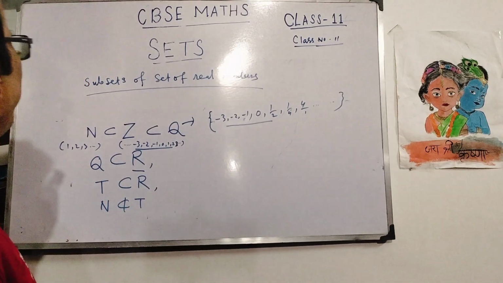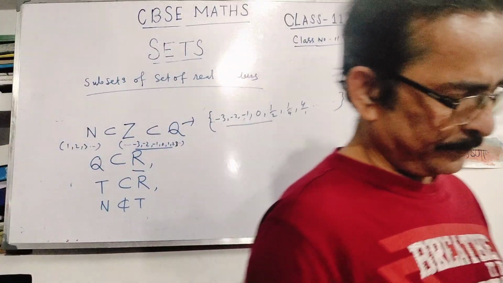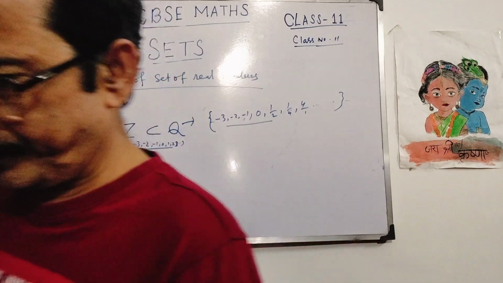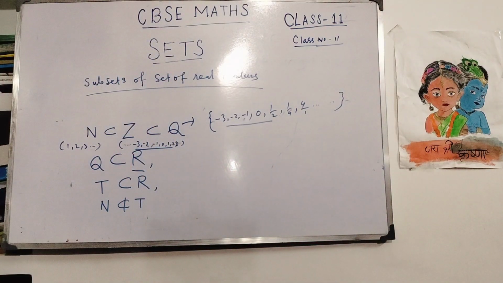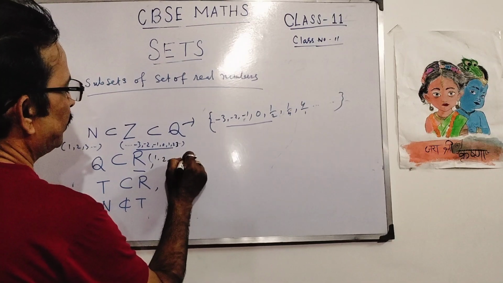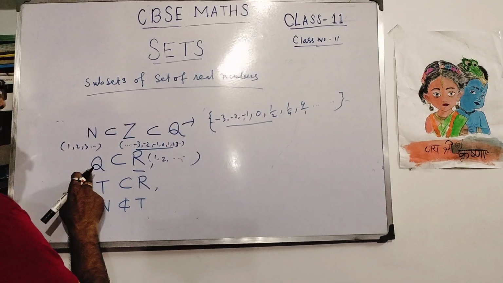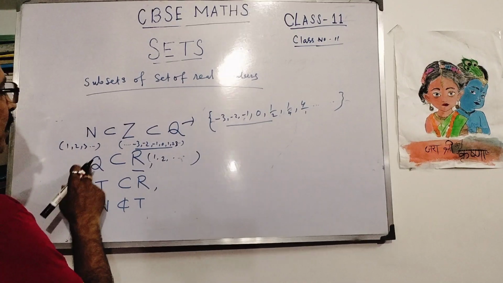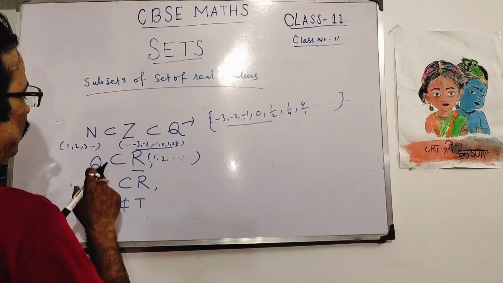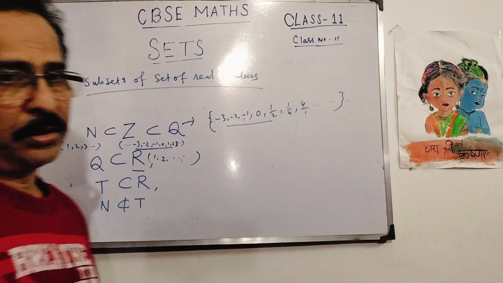What is a real number? 1, 2, 3, 4, 5, 6, 7, 8, 9, 10, all the numbers are real numbers. And Q means rational numbers. So Q is a subset of R. Understand?